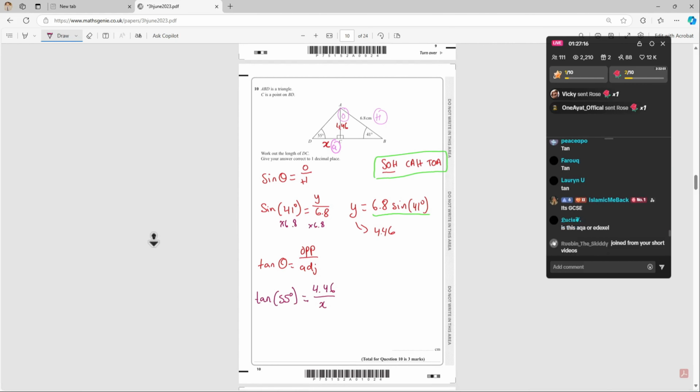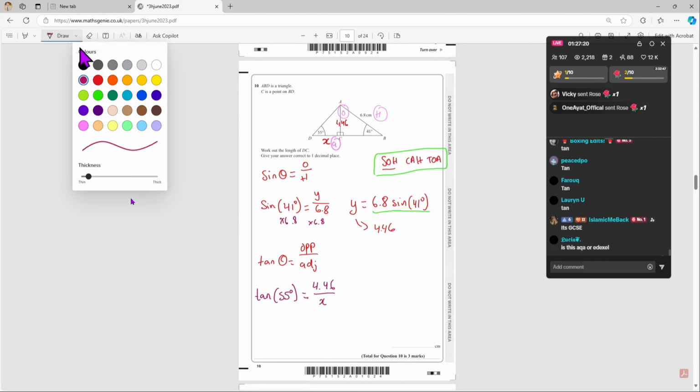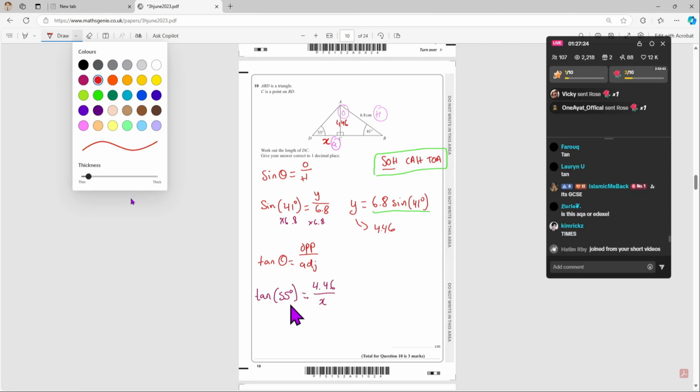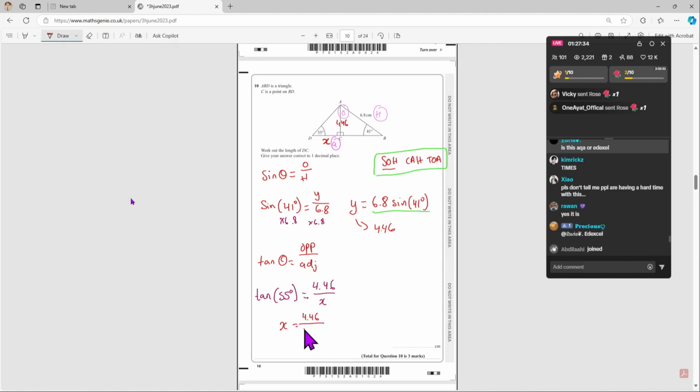Now, once we have done that, we're going to rearrange this to get the value of x. When you want to rearrange this, you basically times by x, then divide by tan 55. So you're going to end up with x is equal to 4.46 divided by tan 55 degrees.